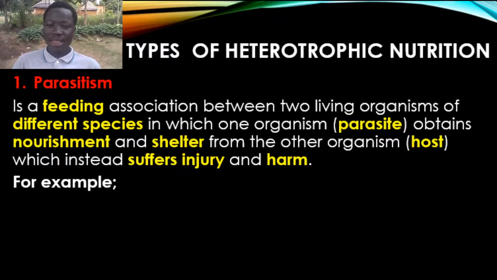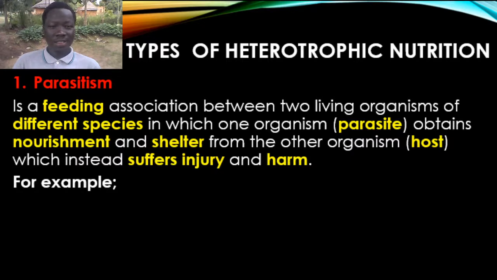So when you are defining this term, you should take note of the fact that parasitism occurs between two species. There are some human beings who call some of their colleagues parasites because maybe these people depend so much on them, but they don't get anything.